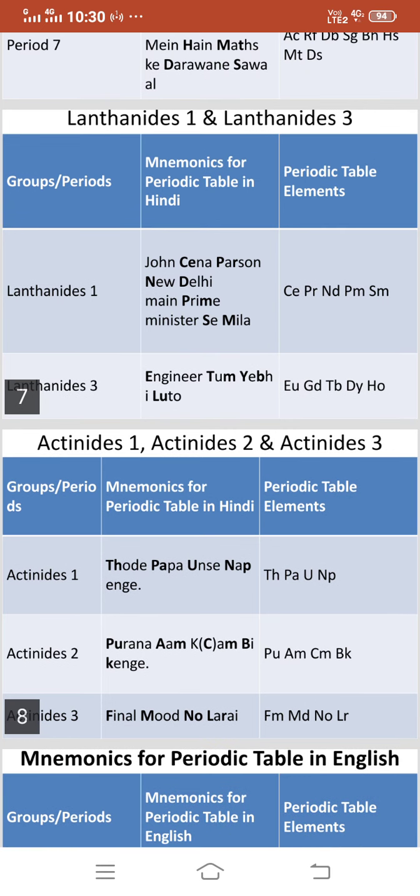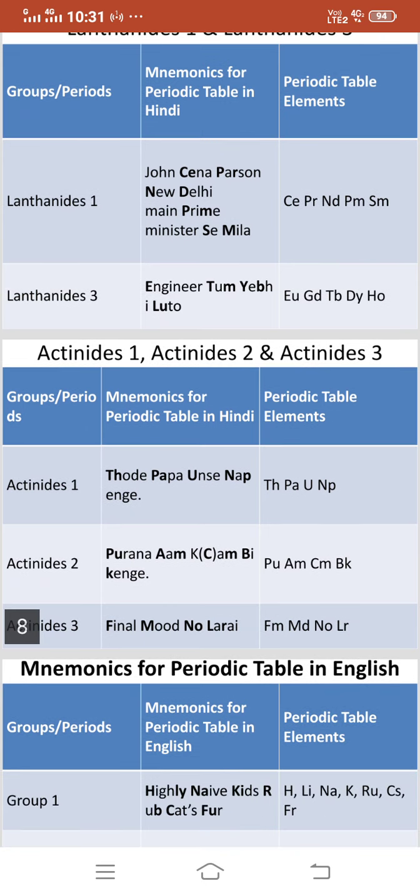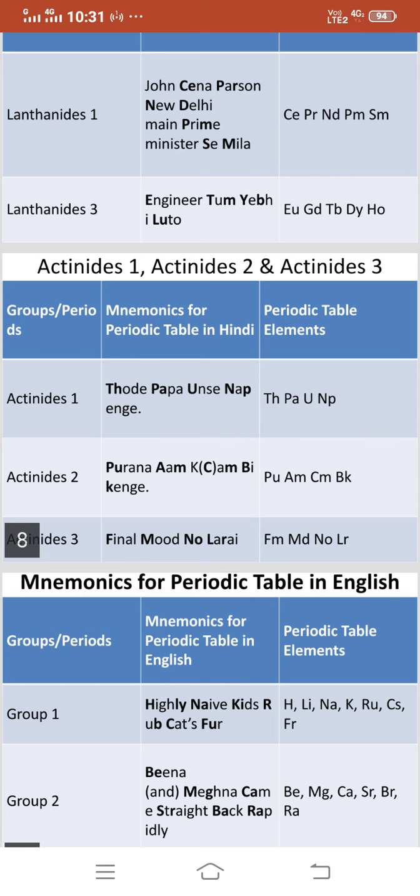Now the mnemonics for actinides 1, actinides 2, actinides 3. For actinides 1, थोड़े पापा उनसे नापेंगे. Then for actinides 2, पुराना आम कम बिकेंगे.